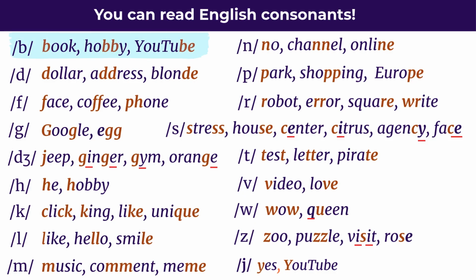B. Book, hobby, YouTube. D. Dollar, address, blonde. F. Face, coffee, phone. G. Google, egg.